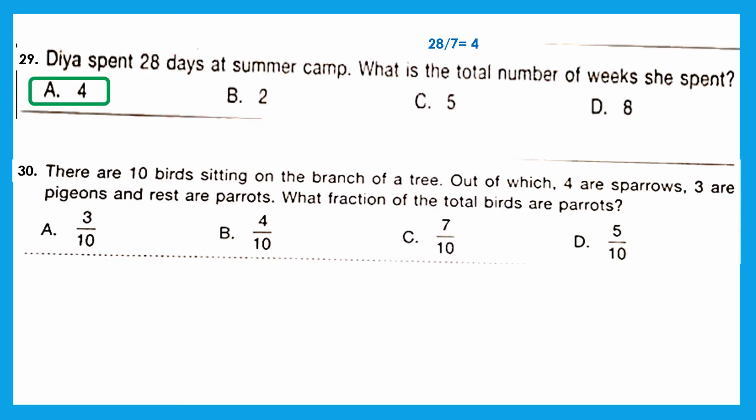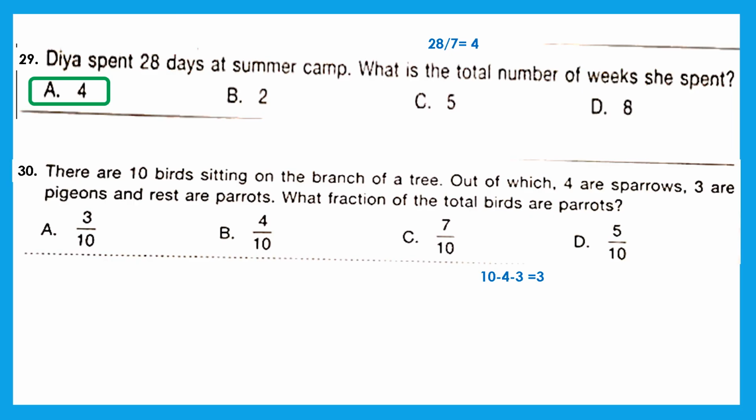Question 30. There are 10 birds sitting on the branch of a tree, out of which 4 are sparrows, 3 are pigeons, and the rest are parrots. What fraction of the total birds are parrots? So before that, we have to find the number of parrots. So we have to subtract 4 plus 3 from 10. 4 plus 3 is equal to 7, and 10 minus 7 is equal to 3.